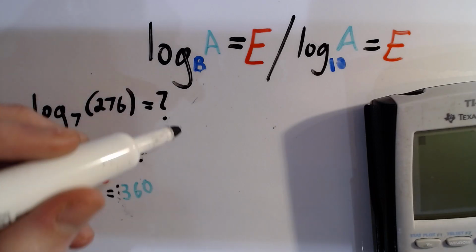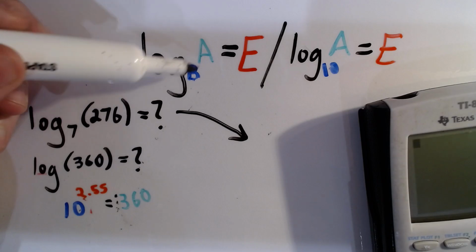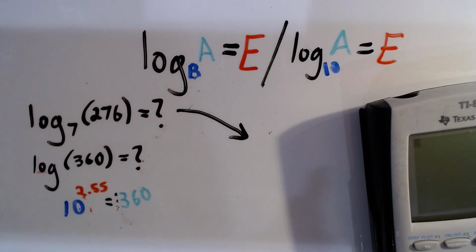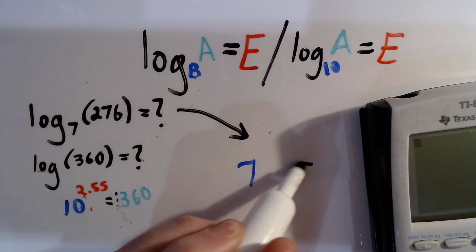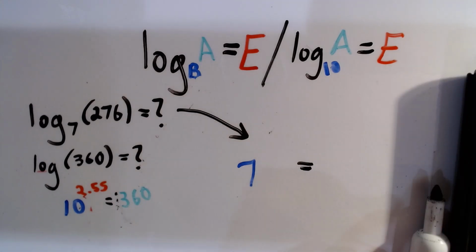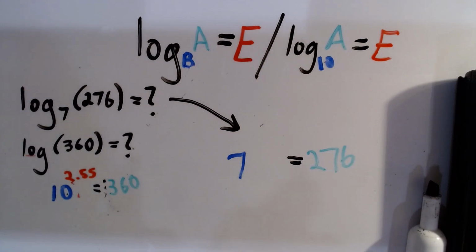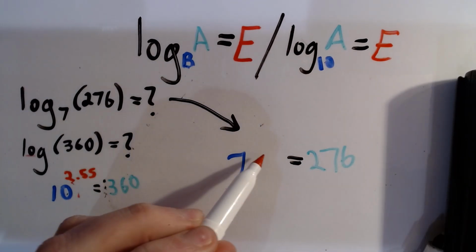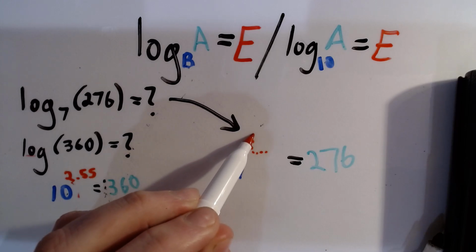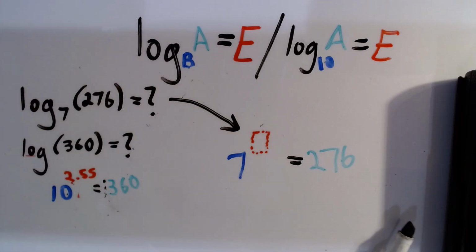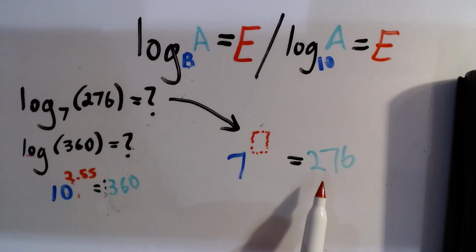In other words, we are asking ourselves, again, base answer exponent, with a base of 7 and an answer of 276, by how many instances did we have to multiply 7 together to get to this?